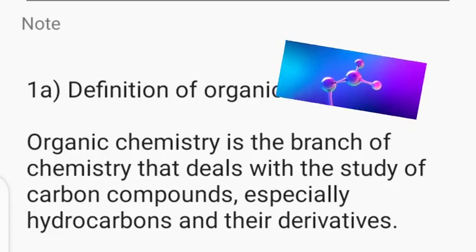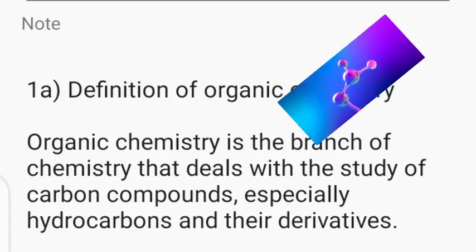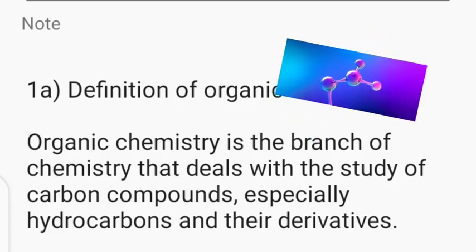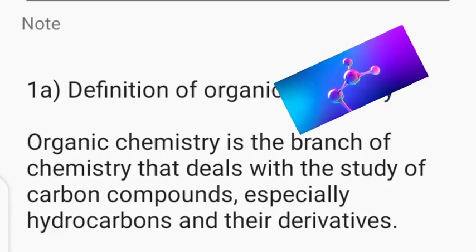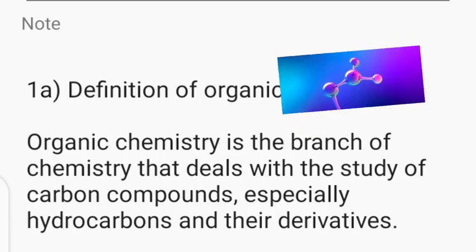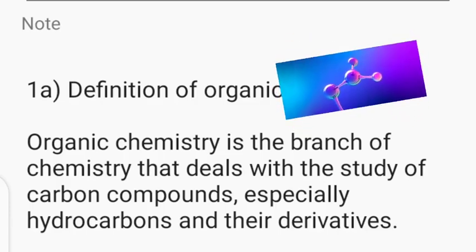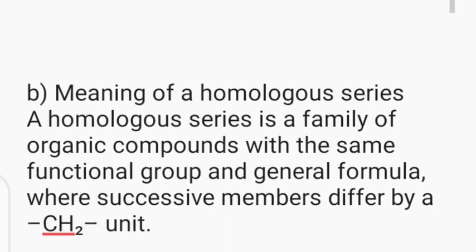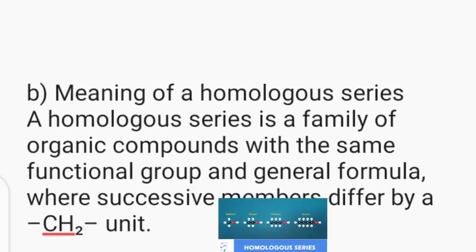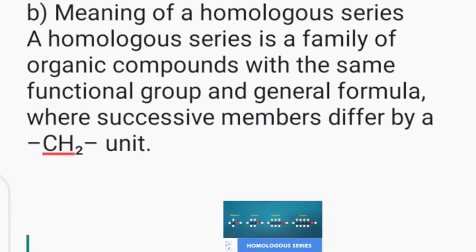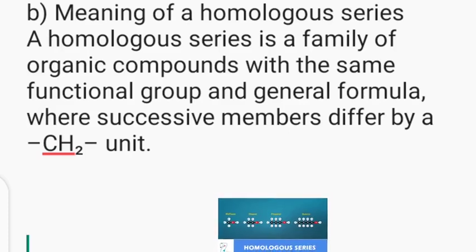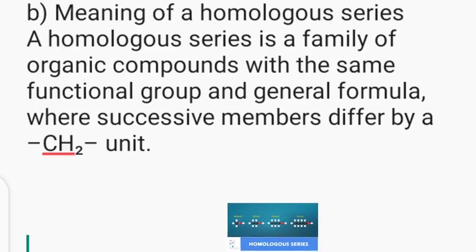And if you look at organic chemistry, it is also just like a natural aspect of chemistry, where elements are found in plants and animals. That's a natural one. Then the next part of the question says, what is the meaning of homologous series? Homologous series is a family of organic compounds with the same functional group and general molecular formula, and they differ by what?